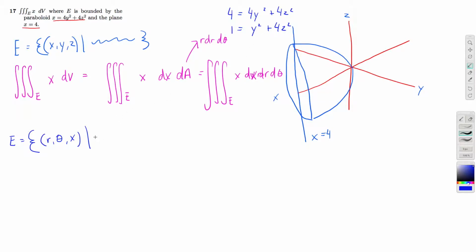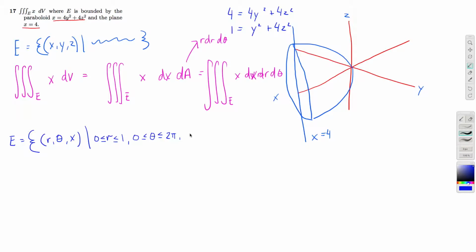So r goes from 0 to 1. Then theta is just a whole circle, so that's easy. It's just 0 to 2 pi.